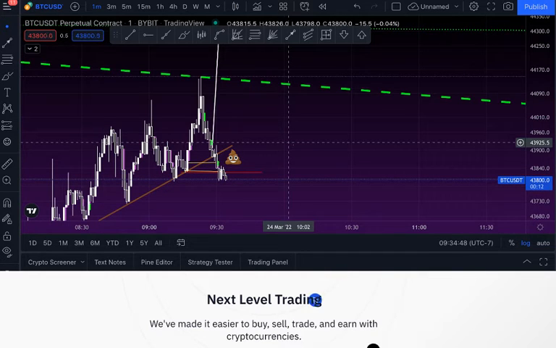It's really coming off that Fibonacci trend line that I said didn't matter.